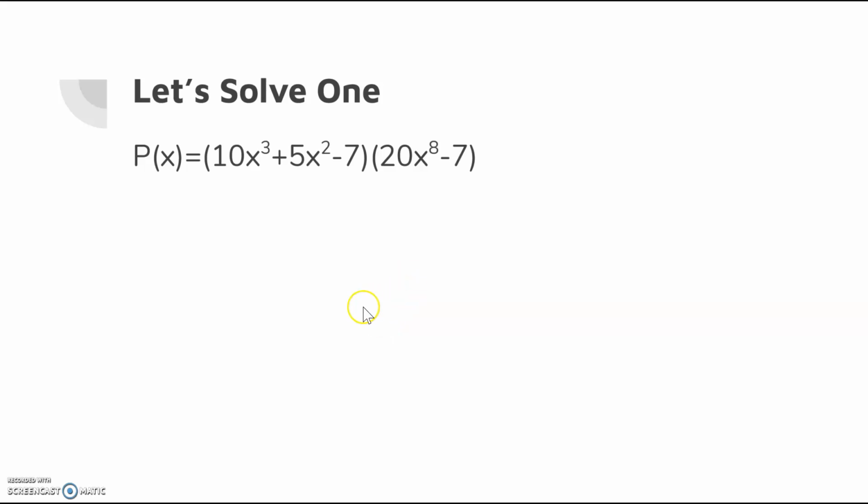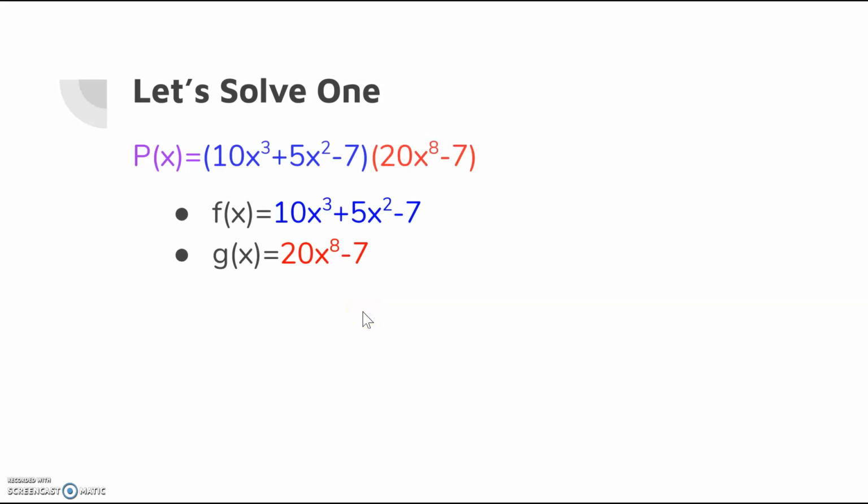And so let's identify the two functions that are in this one. The first is f of x, which is 10x cubed plus 5x squared minus 7. And the second, g of x, would be 20x to the 8th minus 7.